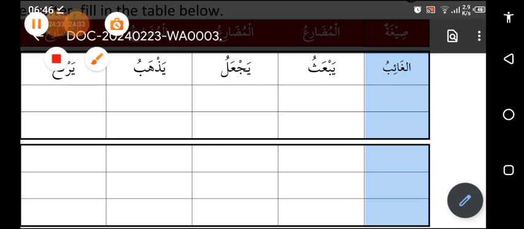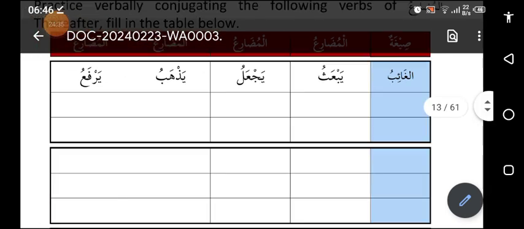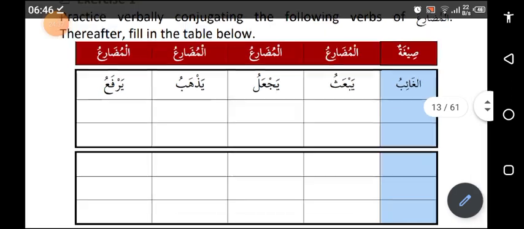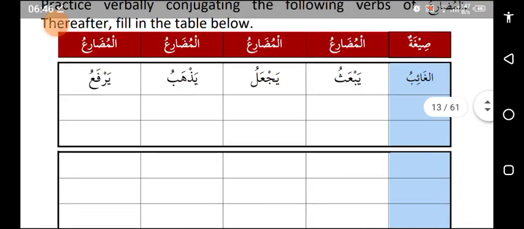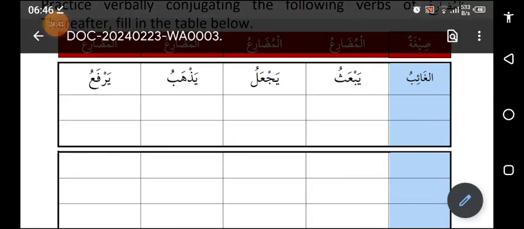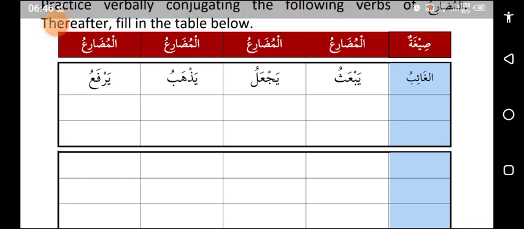Okay, now I will only be conjugating orally. Yab'athu, yab'athani, yab'athuna, tab'athu, tab'athani, yab'athna, tab'athu, tab'athani, tab'athuna, tab'athina, tab'athani, tab'athna, ab'athu, nab'athu.